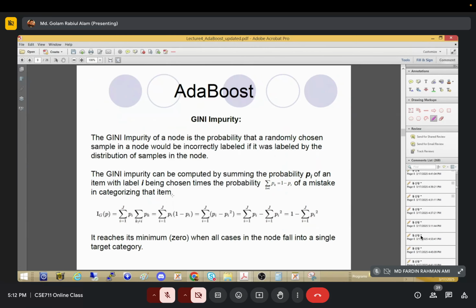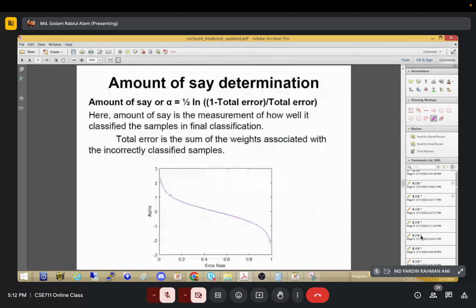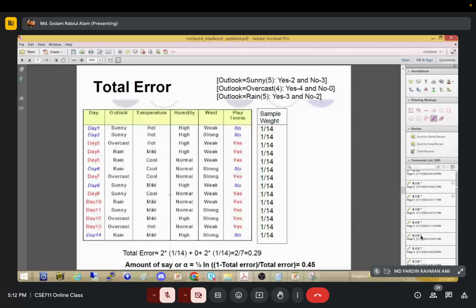So if we calculate the total error, 4 times 1 by 14, you'll get 2 by 7, and you will get 0.29. Okay, 0.29. So that will be our error.